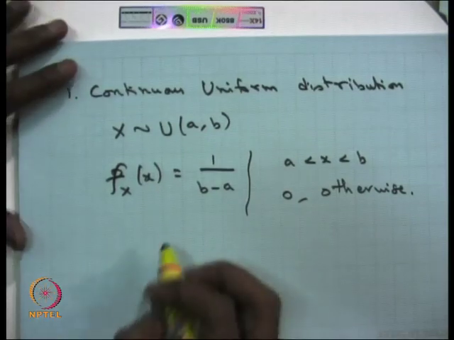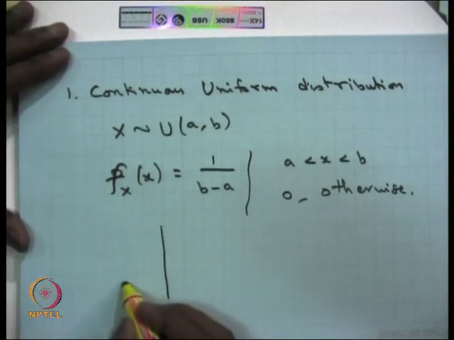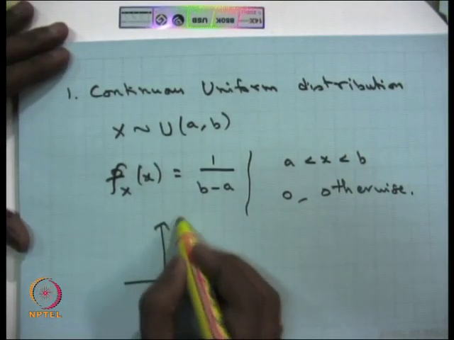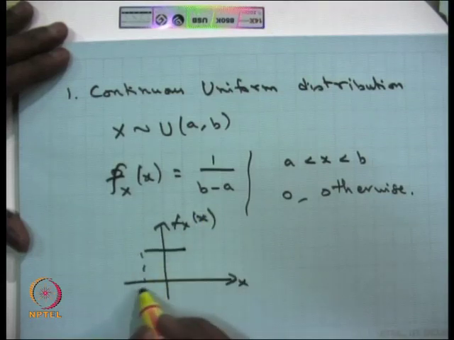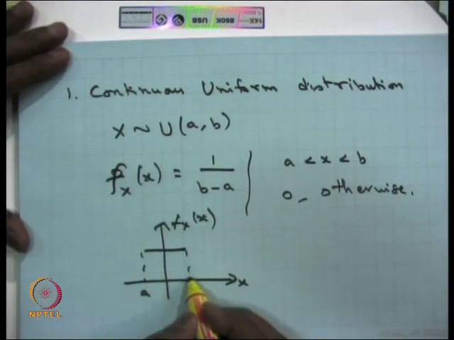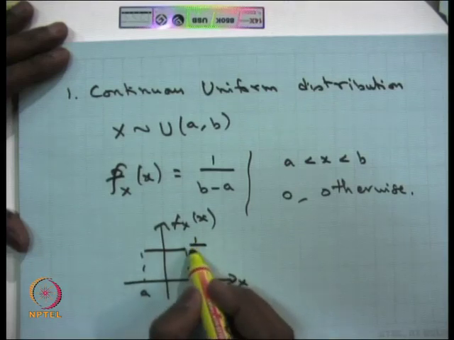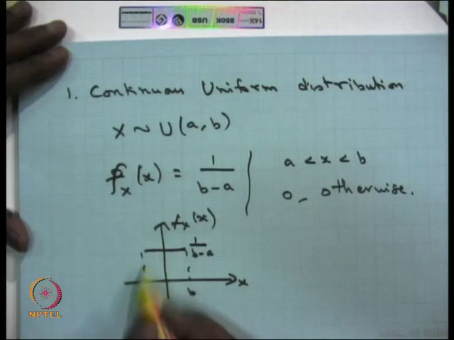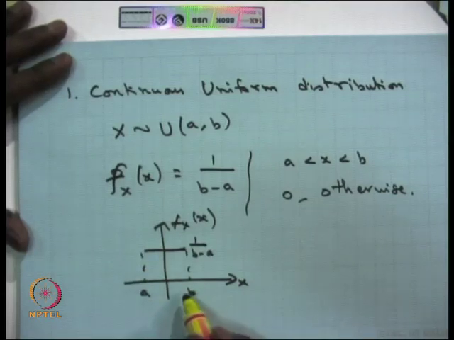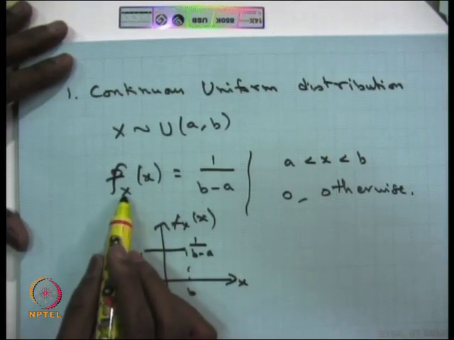That means the probability density function for this random variable has a height of 1 divided by b minus a between a and b. If you integrate the height 1 divided by b minus a from a to b, you get 1, and it is always greater than or equal to 0.